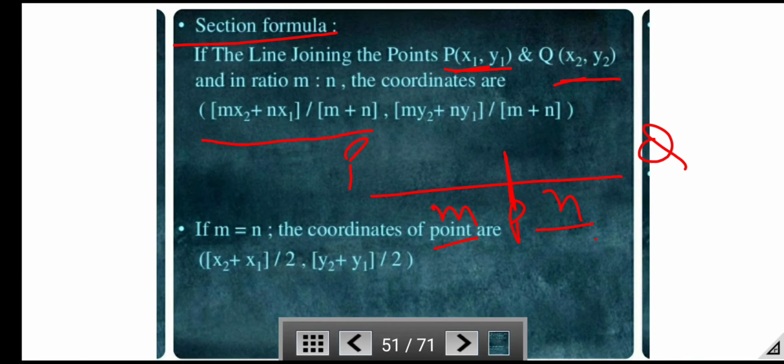Similarly for the y coordinate, (m y2 + n y1) divided by (m + n). And this is for the midpoint formula. If m and n are equal, then (x1 + x2)/2, (y1 + y2)/2.